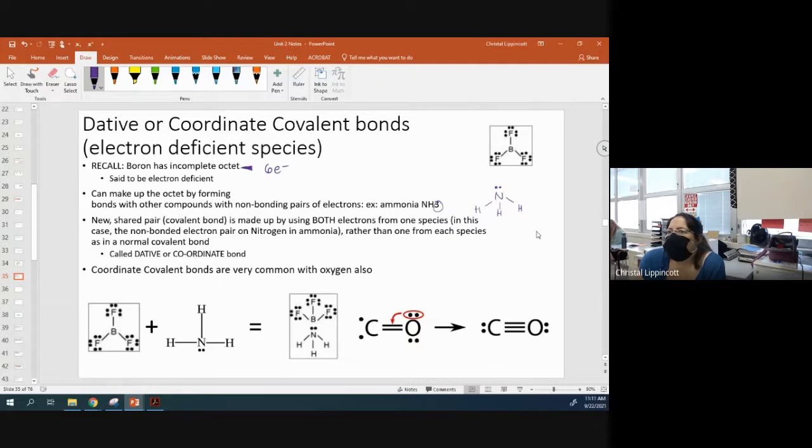A new shared covalent bond is made up by using both electrons from one species, and those are called CC bonds, or coordinate covalent bonds. Okay, so if I were to draw this guy here, my carbon would bring 4 electrons to the table, right?